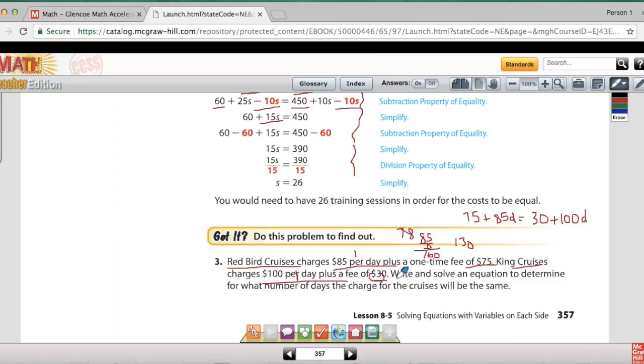But it says write and solve an equation to determine for what number of days the cruise will be the same. So here it is. It's equal to each other, and we're going to solve that by getting the variables to both sides.